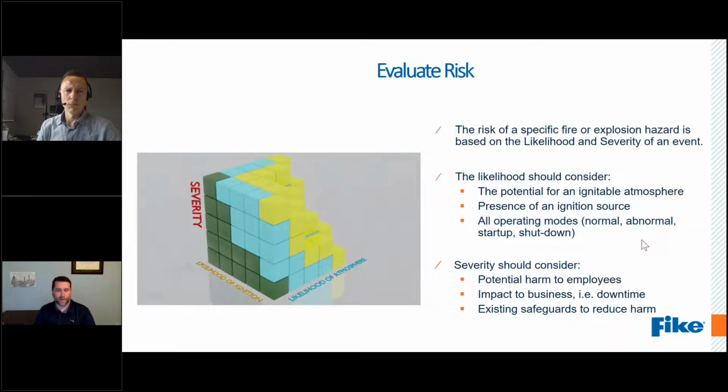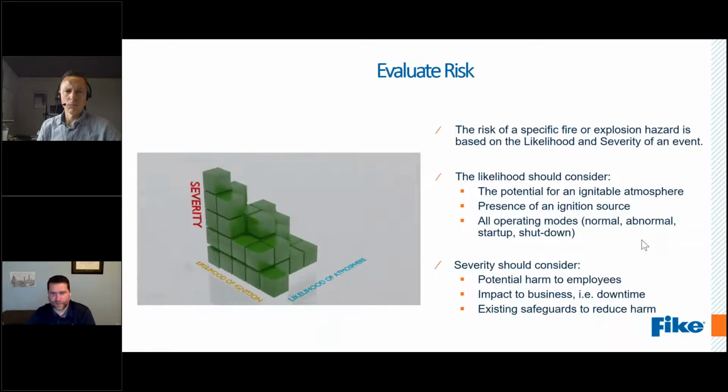But does that shut you down for weeks, months, years? That's an impact to business if you can't operate. If you're shut down for an extended period of time, even though no one was hurt, that's still a high severity. Then also look at the existing safeguards you have in place.